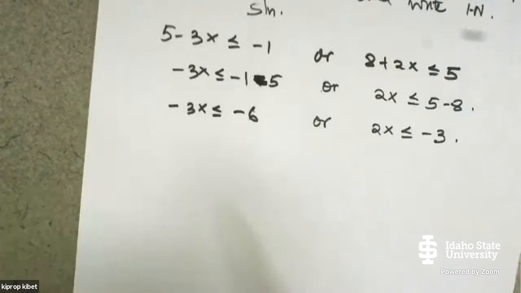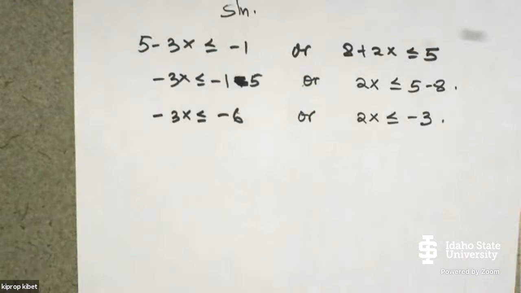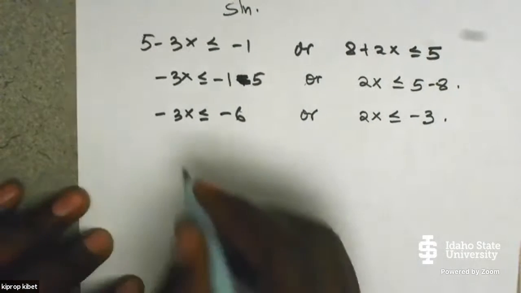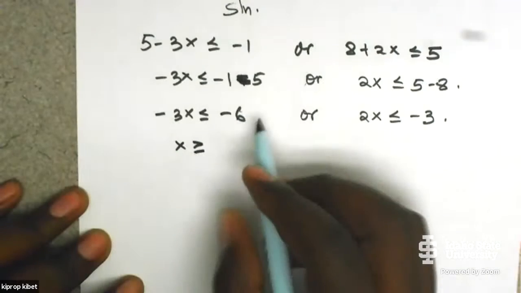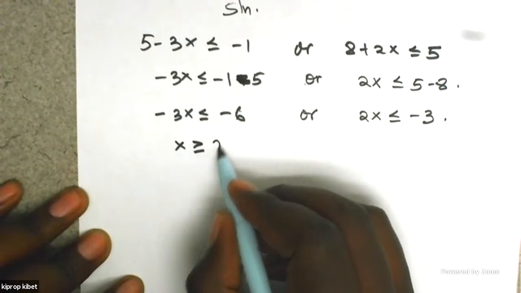Then, what happens to the first one? You divide by -3, and you switch the sign. So x is greater or equal to 2.